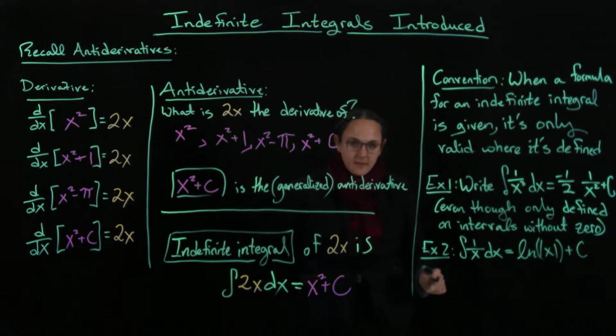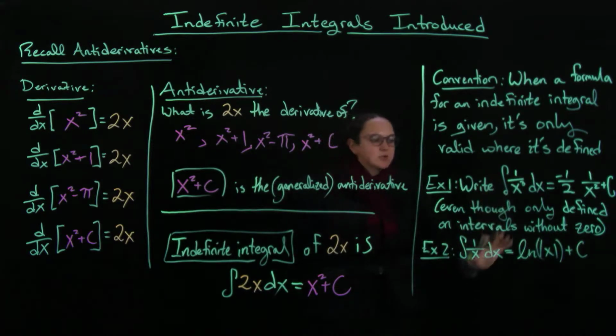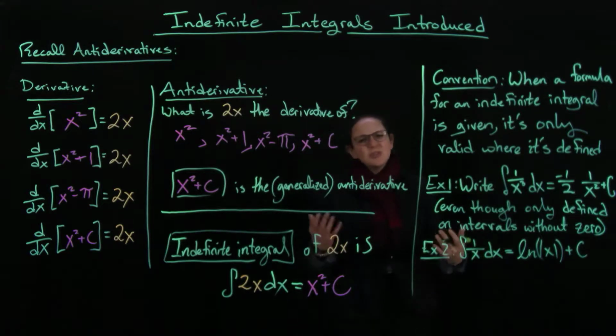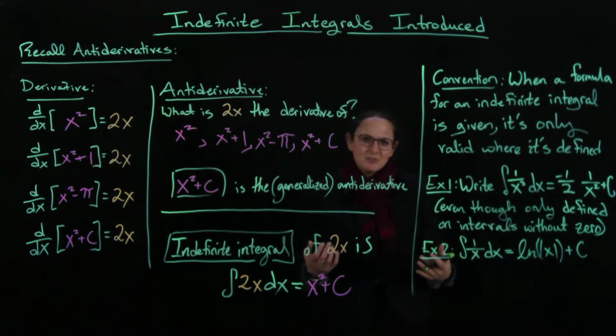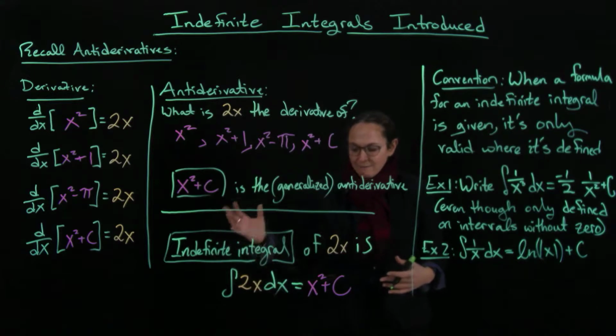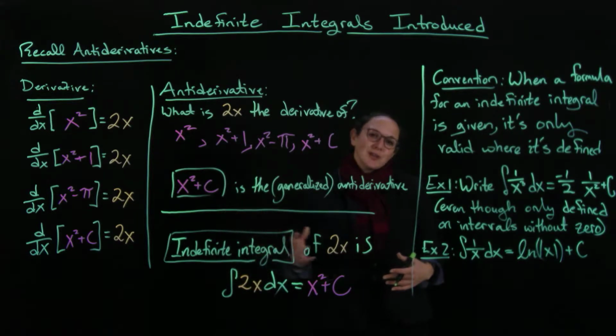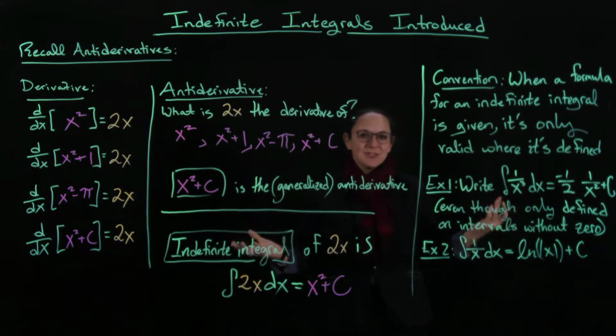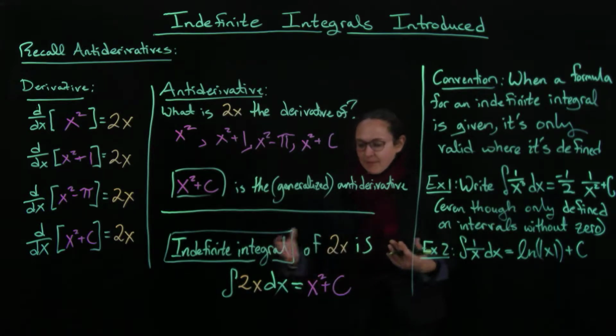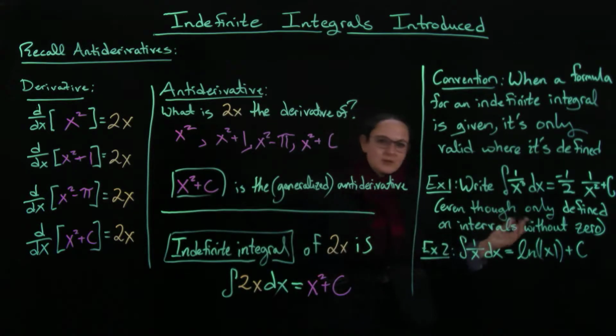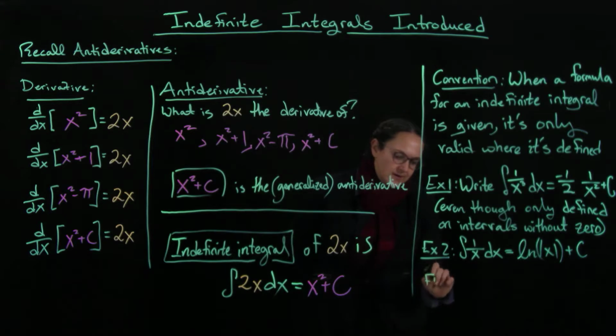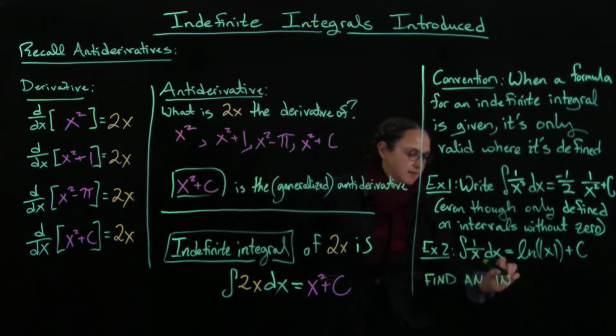Okay, and then the last thing I'm going to tell you, so these are just 2 examples. Sometimes you're going to be able to know what the antiderivative is, but a lot of the time, find an integral table to look at. We're going to teach you how to compute some of these that aren't as obvious, but the key point is just find an integral table to use for reference. So this is homework for you. Find an integral table to use for reference.